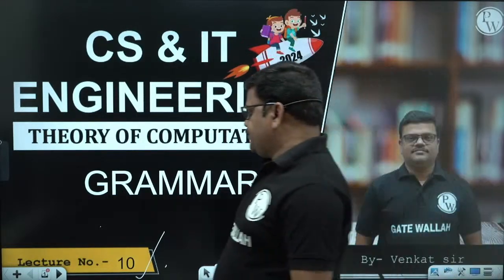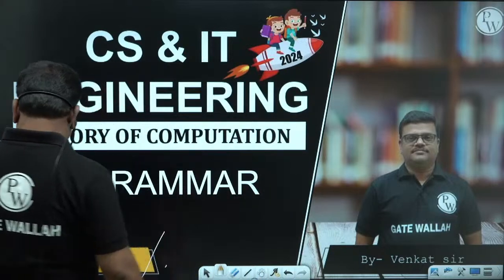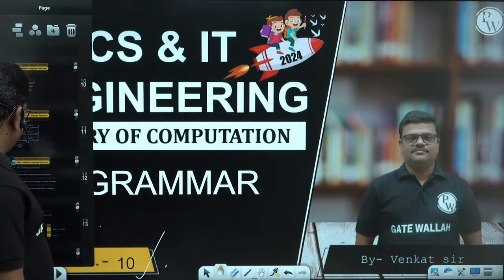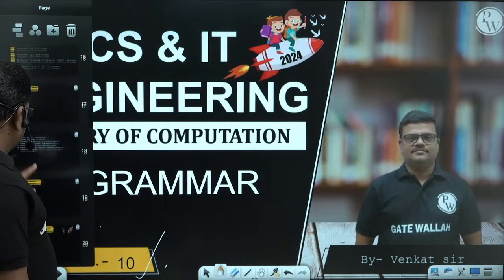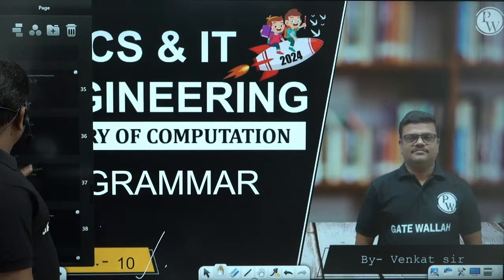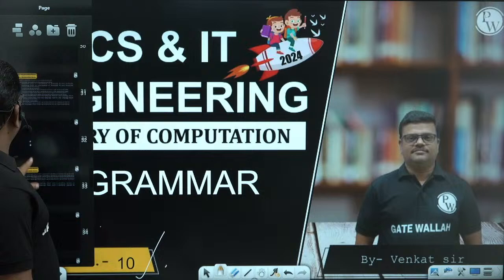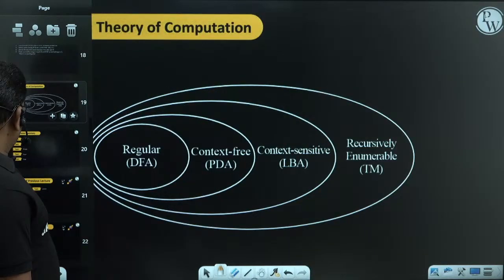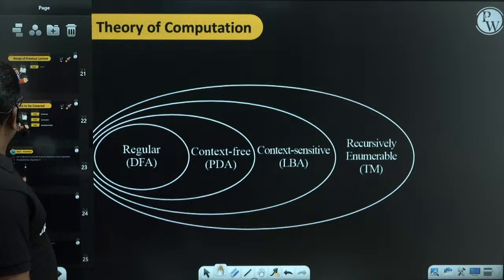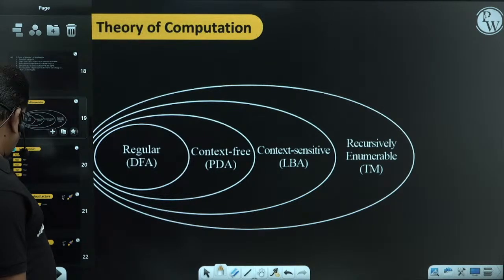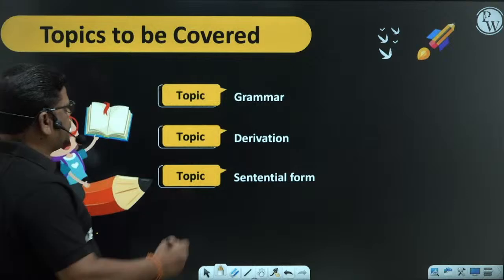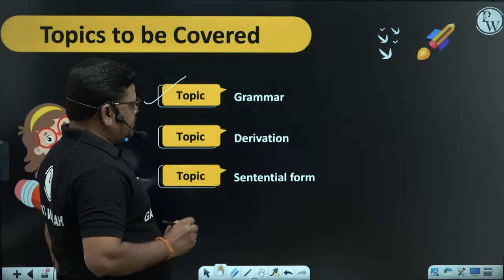Before going to start this, let me give a recap of what we studied in the previous session. In the last class, we studied what is grammar, the definition of grammar.